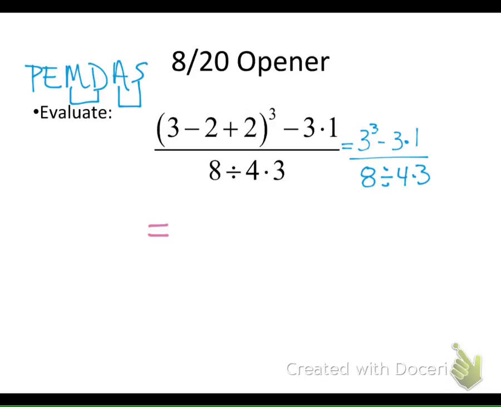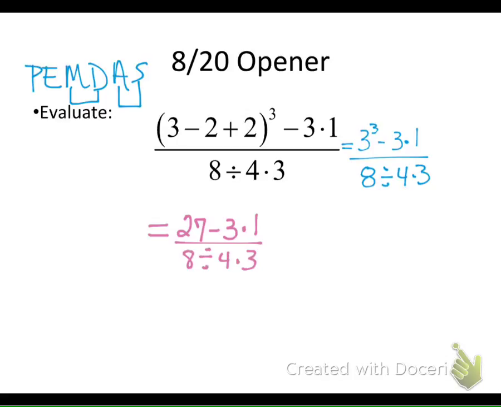But I need to know from you what 9 times 3 is. 27. Good. So I'm going to bring my 27, and then minus 3 times 1, and then my bottom. So now I'm going to put 8 divided by 4 times 3.